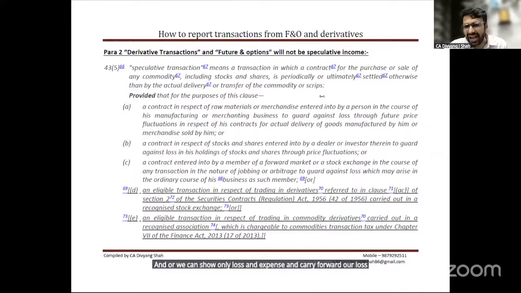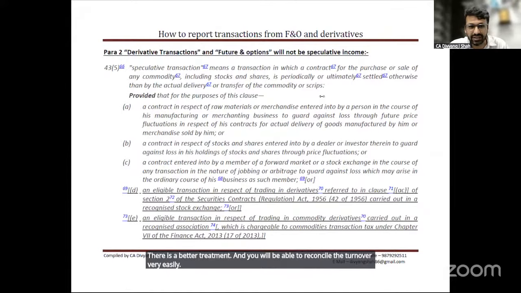Yes, I would suggest for each transaction, whether you are getting a profit or loss, in our example one entry is a 10 rupees profit and another is a 20 loss, enter both transactions in the trading account. That is a better treatment, and you will be able to reconcile the turnover very easily.